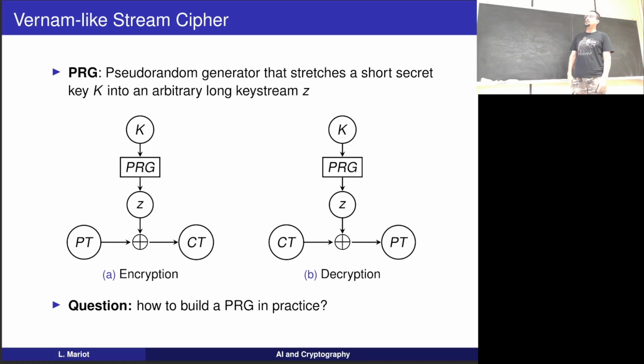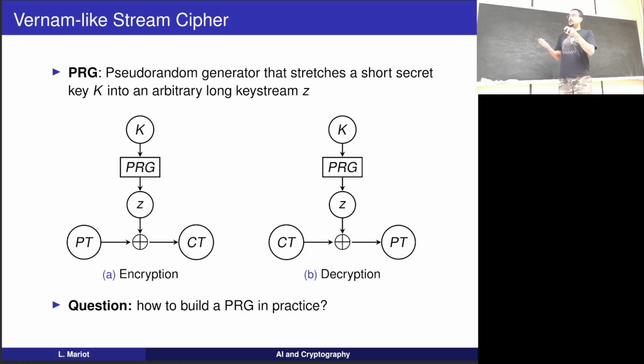So what we do is to use a pseudorandom generator, which is a deterministic algorithm, this PRG block that you see here in the diagram. And this will stretch a short secret key that we put into input, and it is shared between Alice and Bob. They share it in the beginning, before the protocol takes place, for example using Diffie-Hellman key agreement or some public key protocol like that.